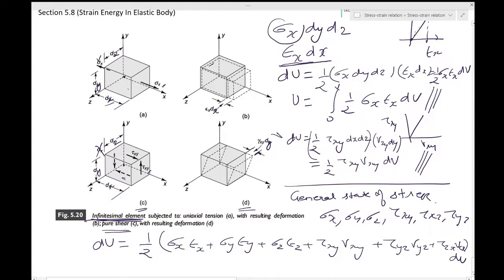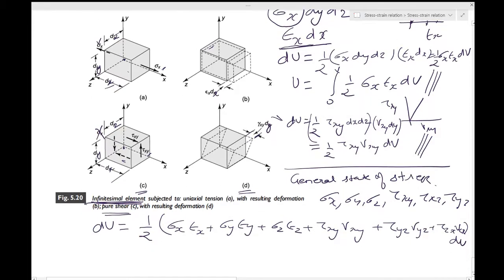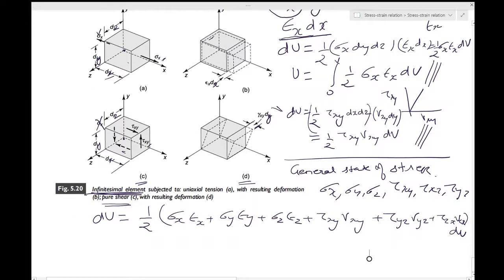Okay, and if you want to find the total value, you would just be integrating this over the whole volume, 0 to V, 0 to U, and this applies to small strains for linear elastic isotropic solids.